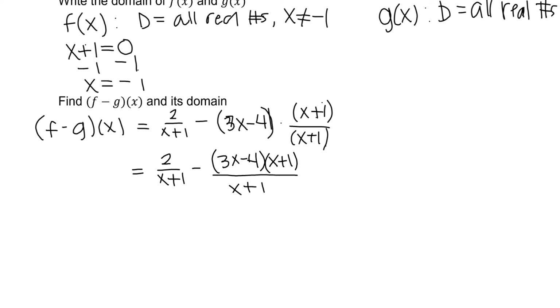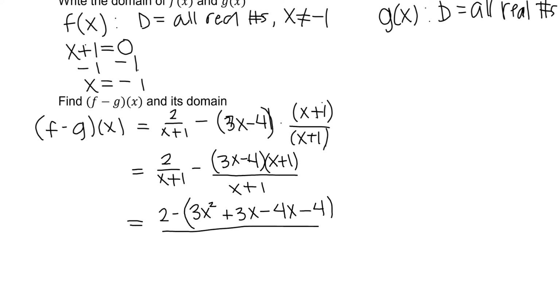I'm still going to wait to distribute that negative. I'm going to go ahead and distribute 3x − 4 and x + 1. But I'm going to go ahead and write it as a single fraction now. So I'm going to have 2 minus, I'm going to do my distributing, so 3x times x, 3x squared, 3x times 1 is 3x, negative 4 times x is negative 4x, negative 4 times 1 is negative 4, all over x + 1.